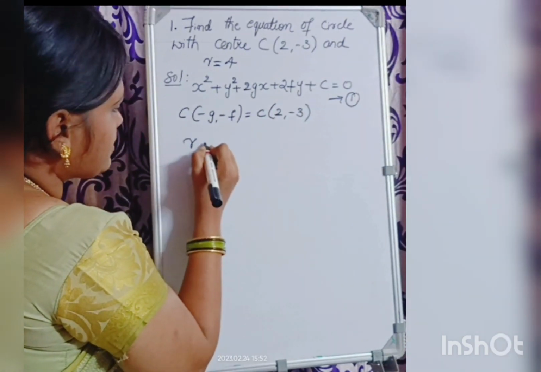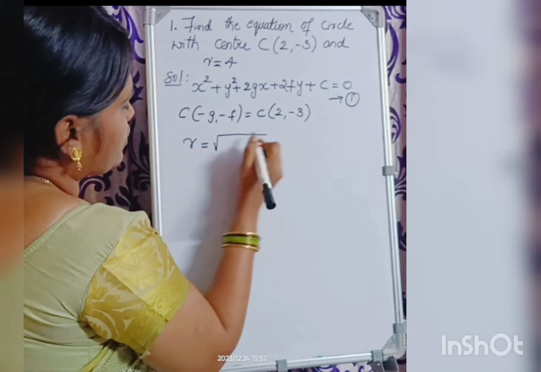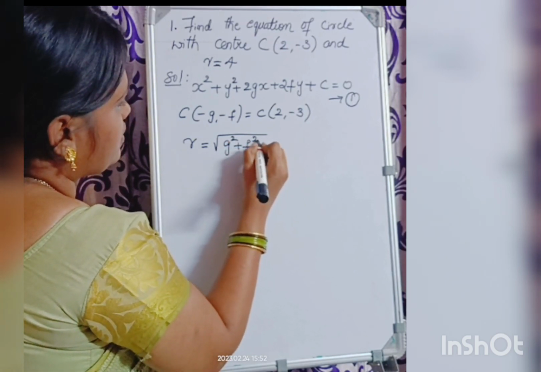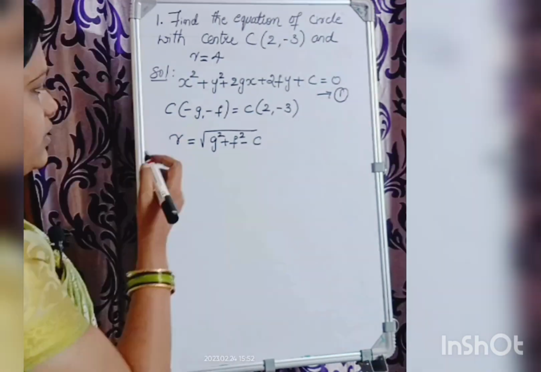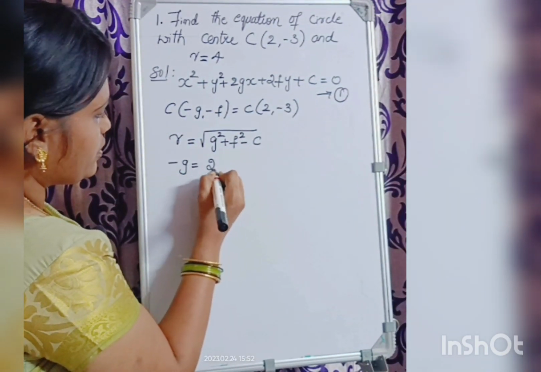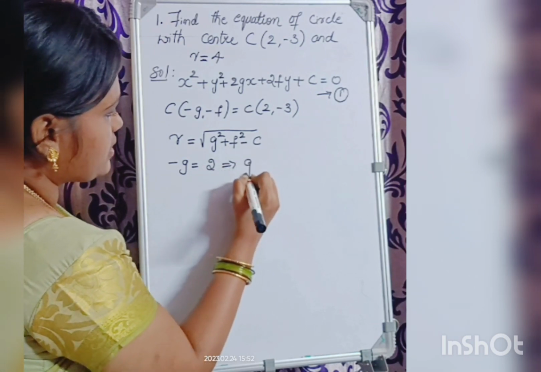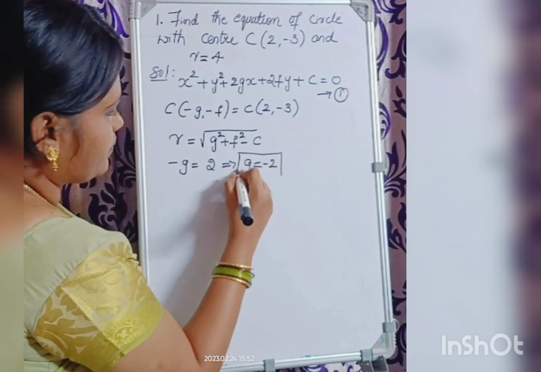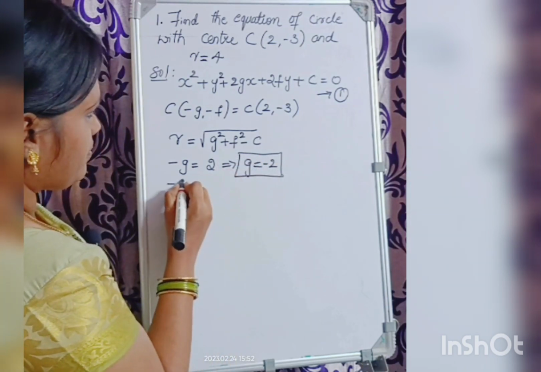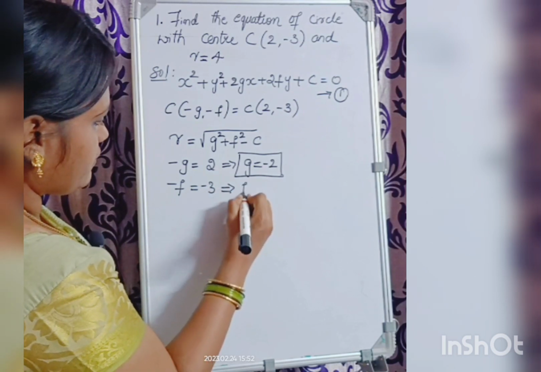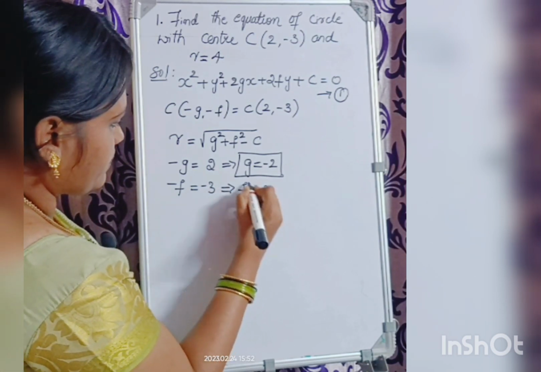Also radius is given as square root of g square plus f square minus c. So by comparing this, we see minus g is equal to 2, which implies g is equal to minus 2, right? Similarly, minus f is minus 3, which implies f is equal to 3.